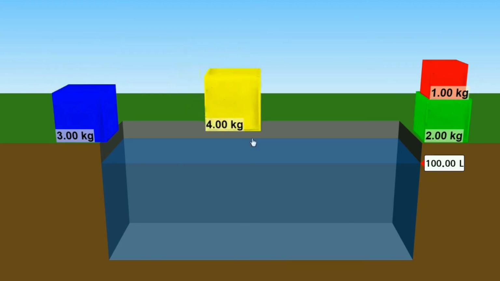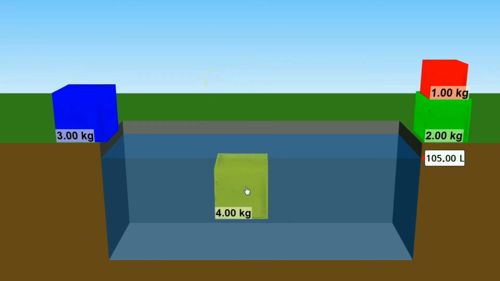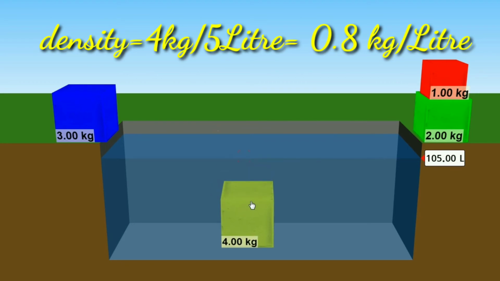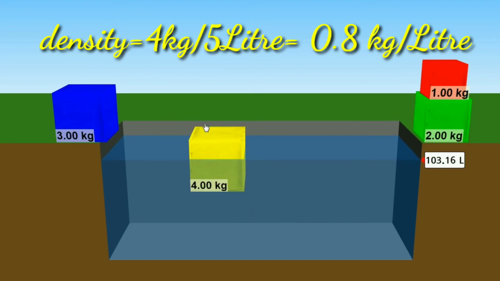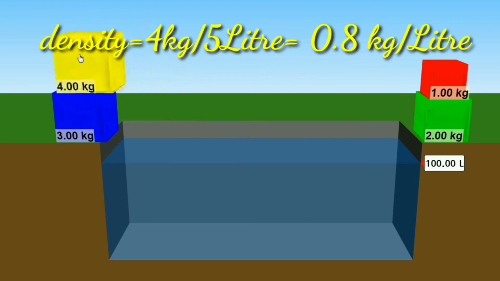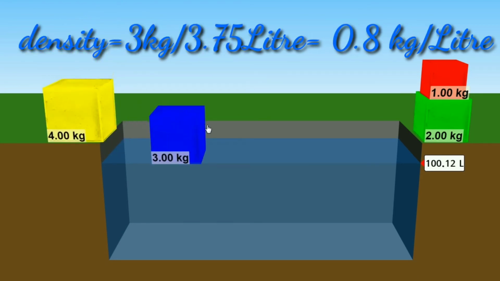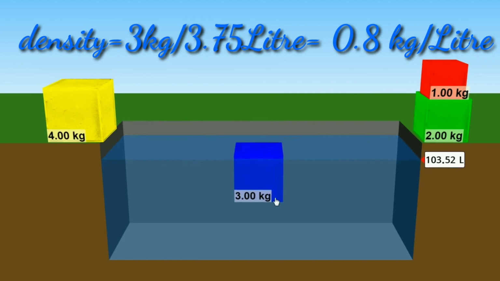Let us calculate. Mass of this yellow block is 4 kg, but its volume is 5 liters. So the density is 0.8 kg per liter. Mass of this blue block is 3 kg, but the volume of the blue block is 3.75 liters. So the density is 0.8 kg per liter.